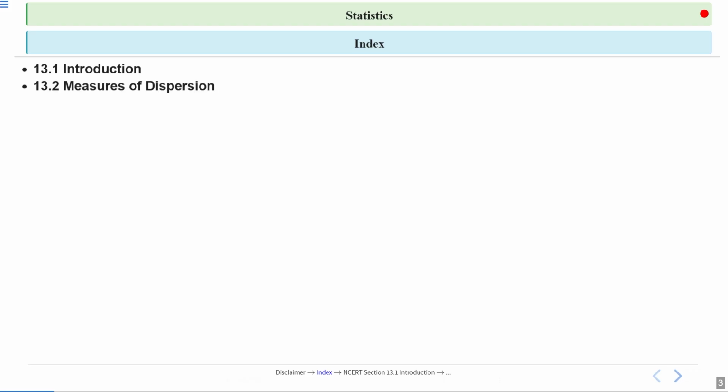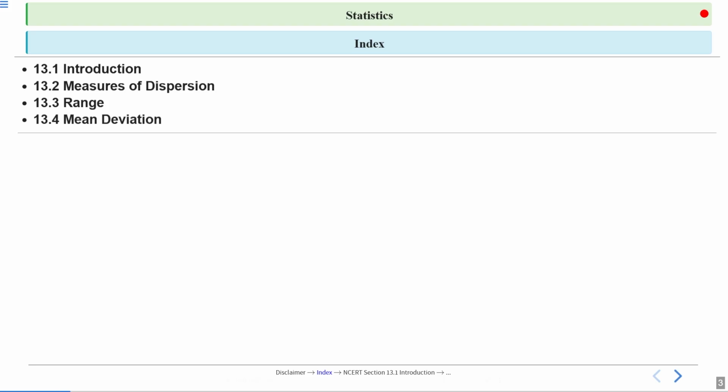Then we will discuss measures of dispersion. Next, we will discuss the range. There we will discuss what is range, what is the definition of range, and what is the importance of range.